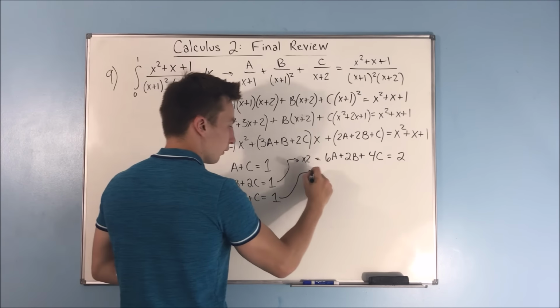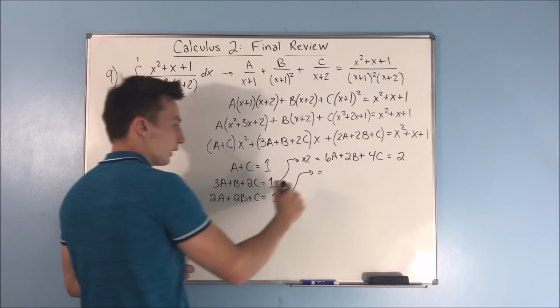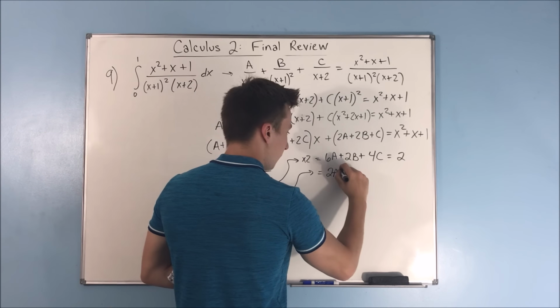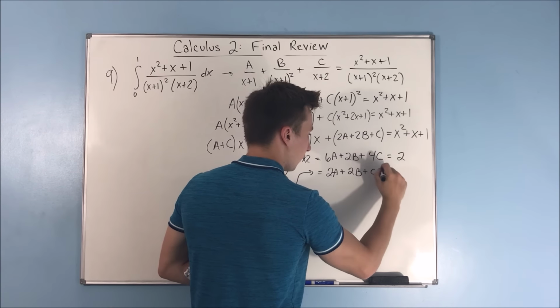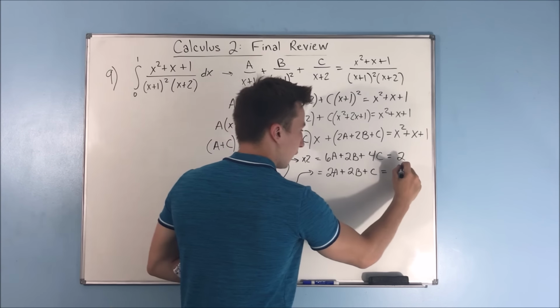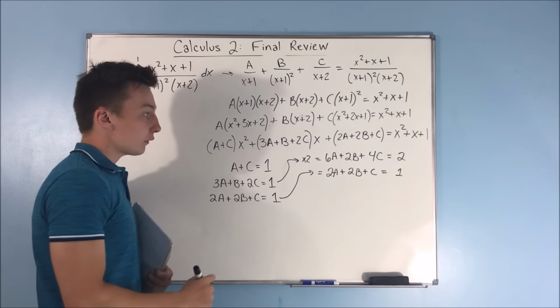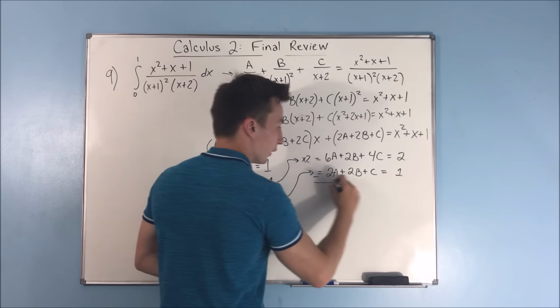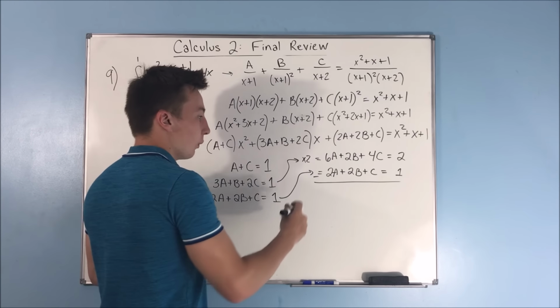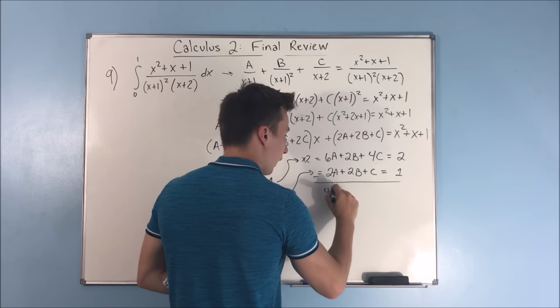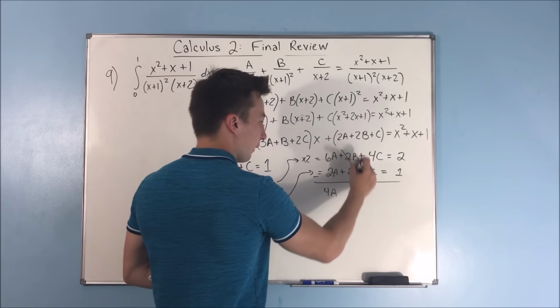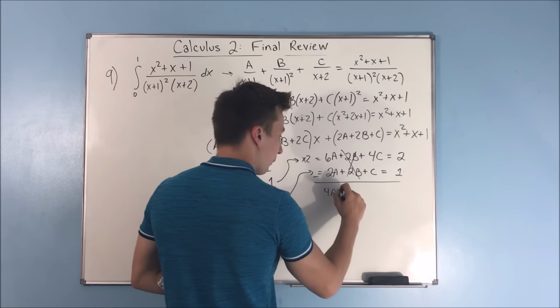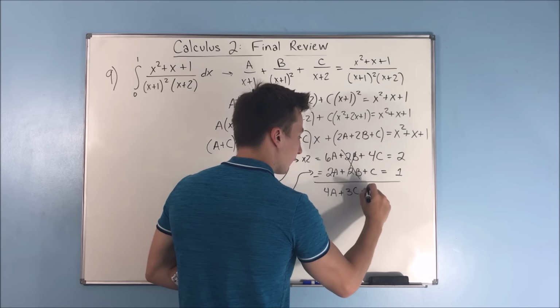And this equation is 2A plus 2B plus C, and that's going to equal 1. So, subtracting these two equations, the two B's go away, and you have 4A plus 3C, and that's going to equal just 1.